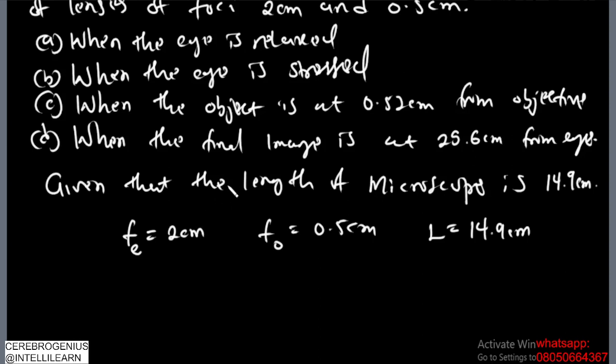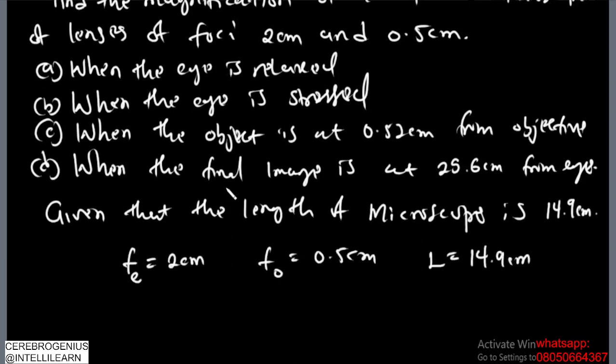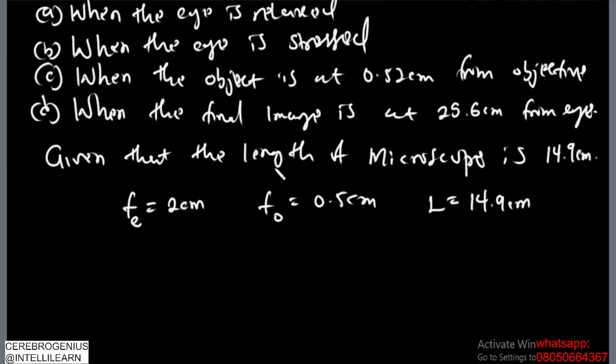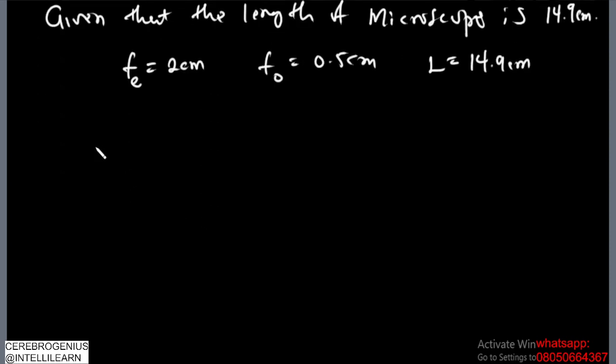Now we have to find the magnification of the compound microscope when the eye is relaxed. So when the eye is relaxed, how are we going to do the magnification? Don't forget that magnification is that of the objective multiplied by that of the eyepiece.